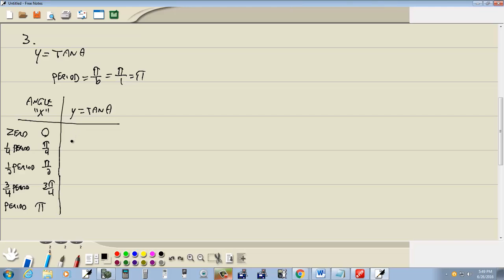Now if you plug those into your formula here, you get y is equal to tangent 0, and tangent is equal to sine over cosine. So I have sine 0 over cosine 0. Now if I look up sine 0 on my unit circle, that's this point right here, then it'd be equal to 0. And cosine of 0 is 1. So that gives us 0.